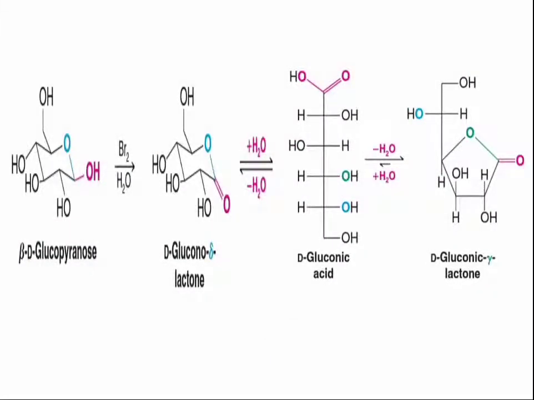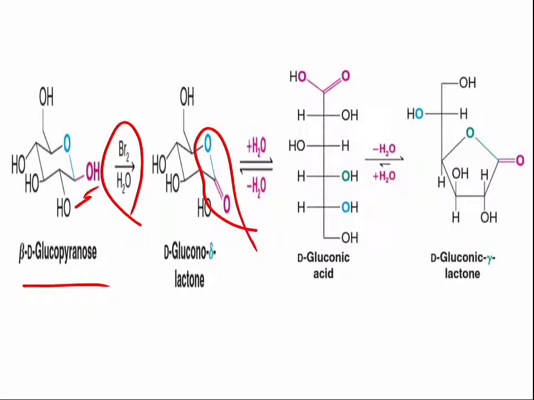Okay, this is the entire course of this oxidation. First you take this beta-D-glucopyranose, then add bromine water, then this OH will be converted into C=O. That means a lactone will form. As this oxygen is connected with the delta carbon, you are getting a delta lactone.